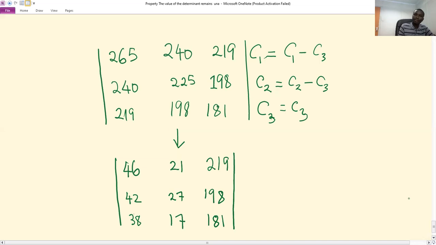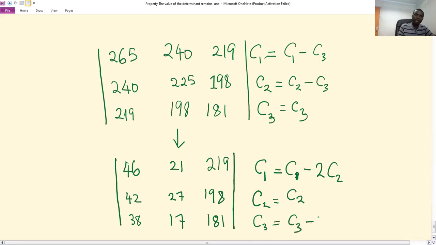Now, next step, we say let column 1 be column 1 minus twice column 2, and let column 2 remain column 2, and let column 3 be column 3 minus 10 column 2.